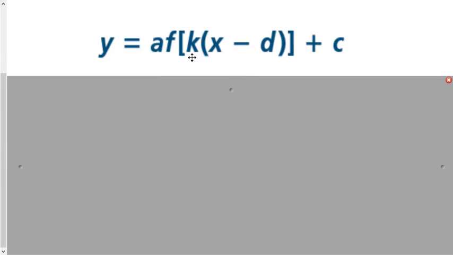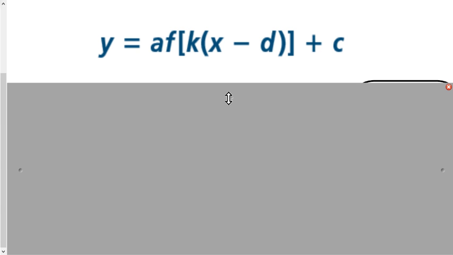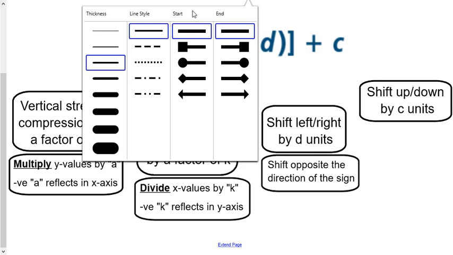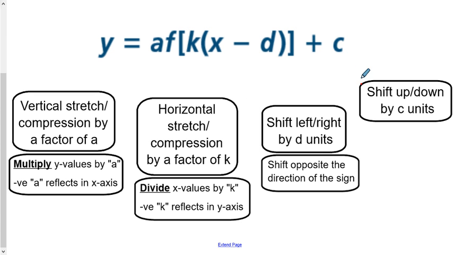Okay, so these are our values we looked at. Let's remind ourselves what these different values are. So I'm going to get rid of my screen here. The first one, let's start with the one that's the easiest and the one we're most familiar with. That one is just shifting up or down. We used to call this k when we were looking just at quadratics, but this is our one that's going to shift things up or down.